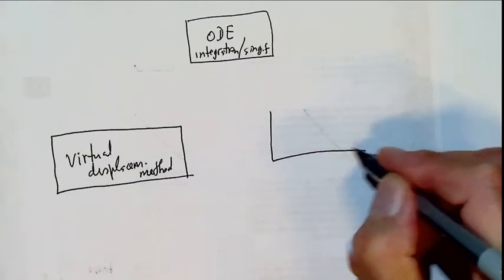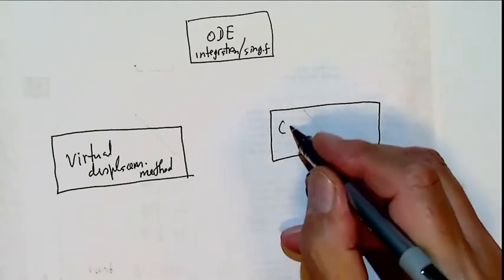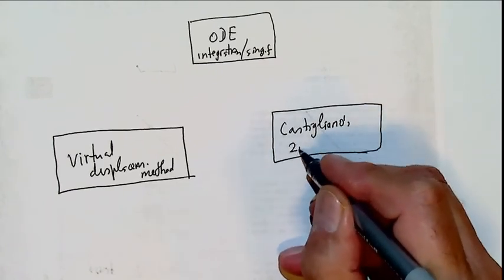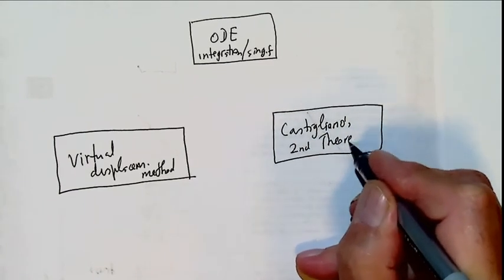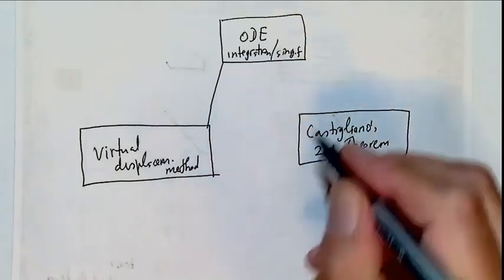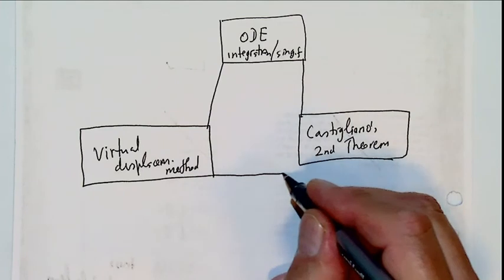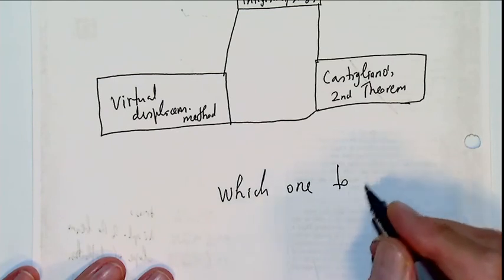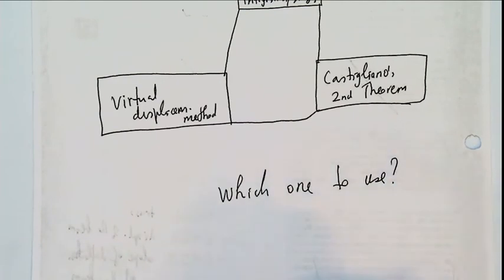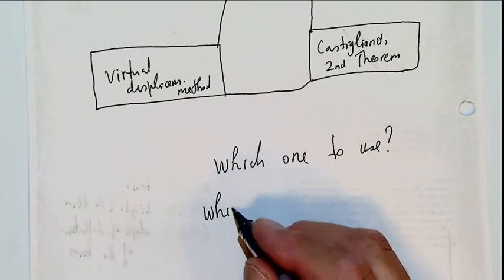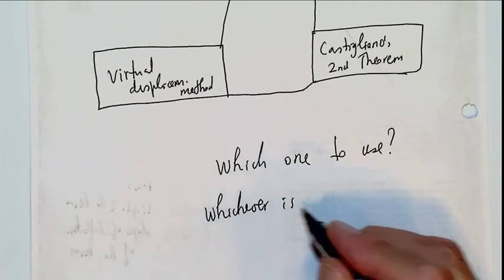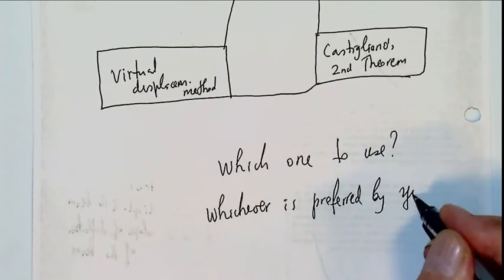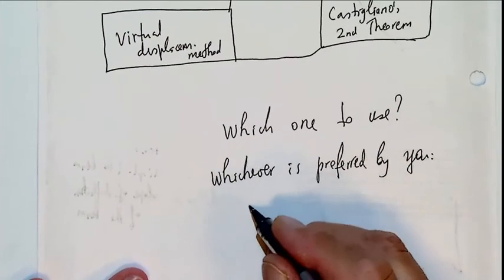Third is Castigliano's second theorem. Okay? Which one to use? Whichever is preferred by you. We have a choice.